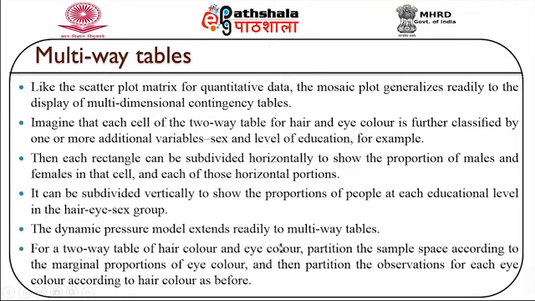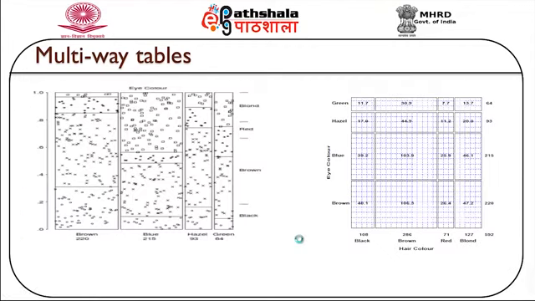For a two-way table of hair color and eye color, partition the sample space according to the marginal proportions of eye color and then partition the observations for each eye color according to the hair color as before. So this is a representation of the multi-way table as such. We can see the eye color in the first table and the hair color in the second table.